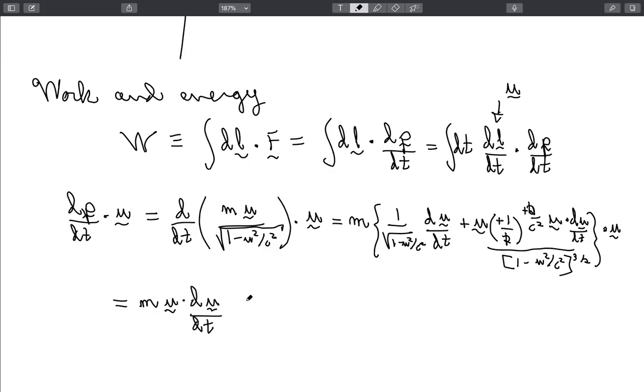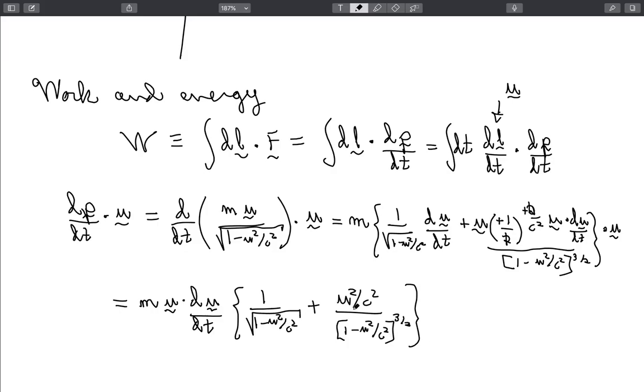And now the parentheses: 1 over the square root of 1 minus u squared over c squared, and then plus what I've got left here, which is u squared over c squared divided by 1 minus u squared over c squared to the 3/2. Okay, so you see what I can do is just put the same denominator everywhere.